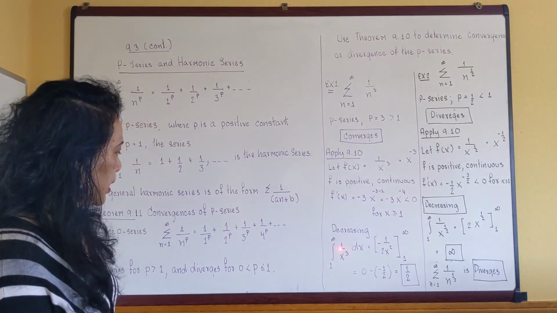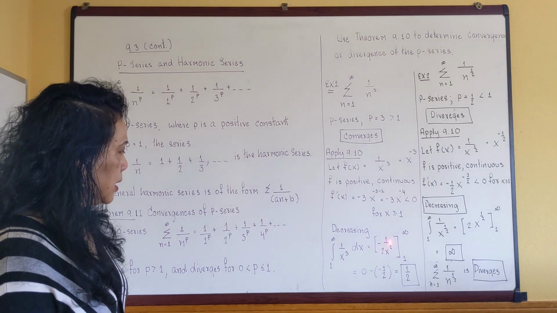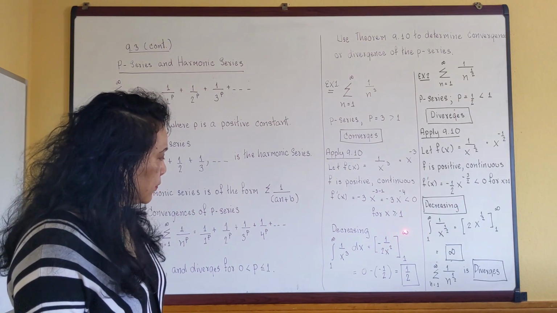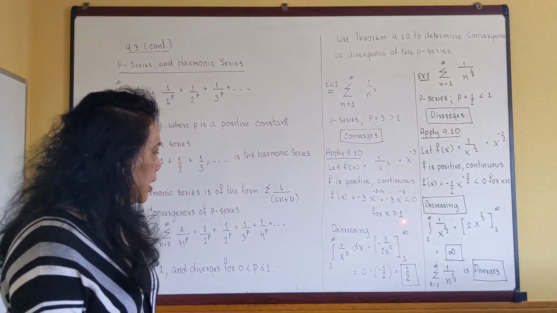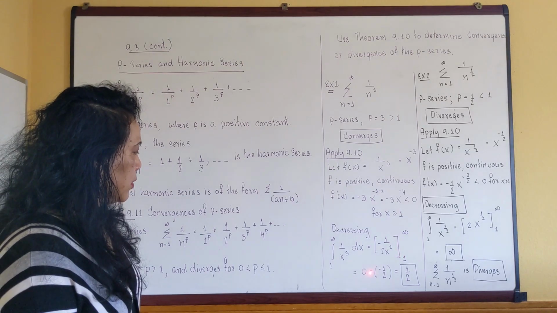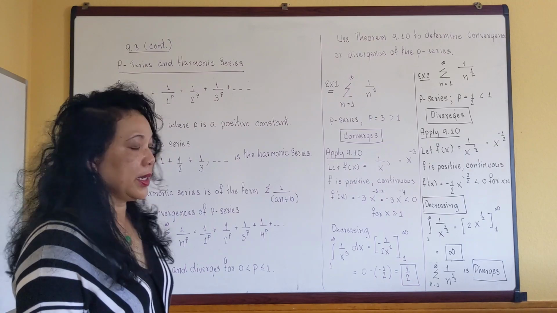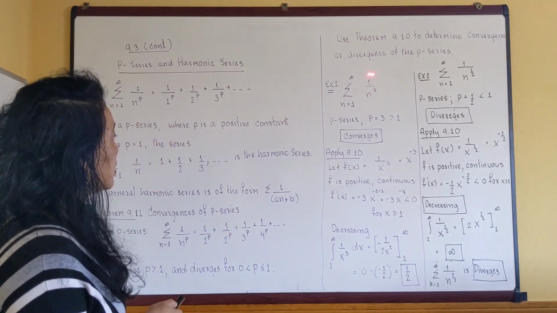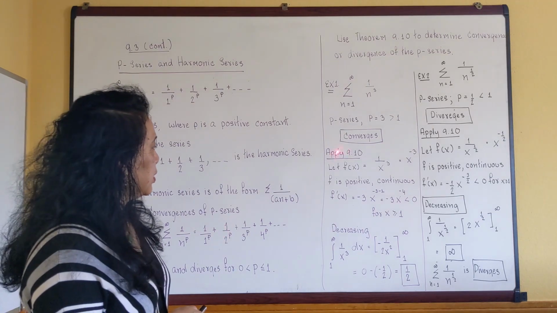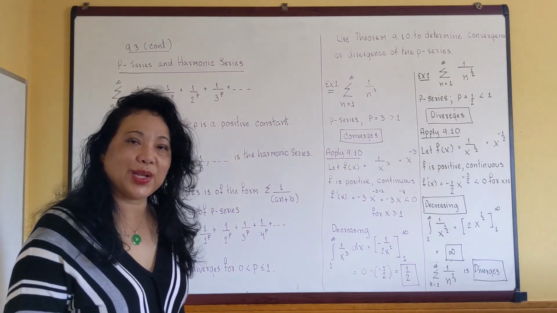If I take the integral of 1 over x to the cube, I should have this function right here. The upper bound is infinity, the lower bound is 1. Substituting the upper bound, you're going to get 0. For the lower bound, you're going to have minus negative 1/2, which is 1/2. So this series converges. We proved it by the P series, and we used theorem 9.10 to show that it converges to 1/2.